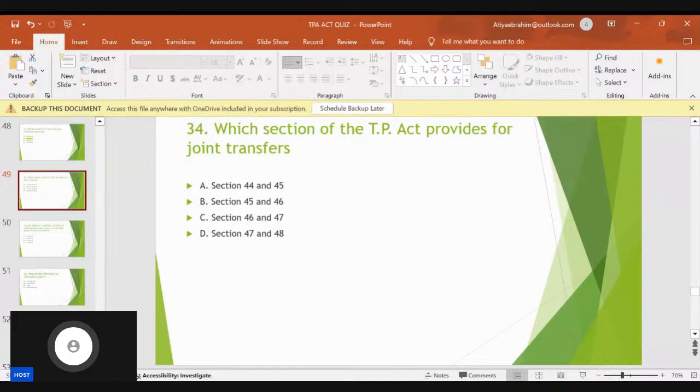See, 44 deals with what? 44 deals with what, student? Yes, Priyanka, right. It's confusing, right?